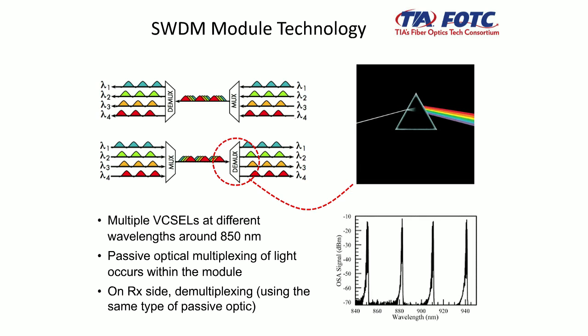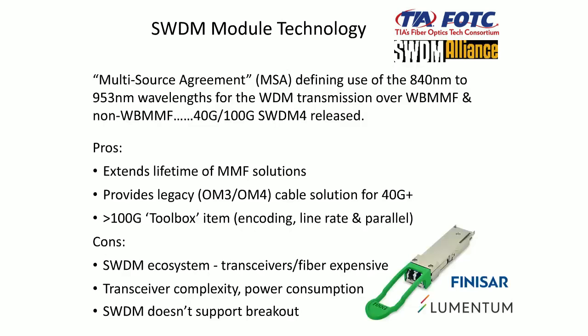Basically reversible, same type of physical optic that demuxes optically onto 4 photodetectors. This is important going forward beyond 100 gig.